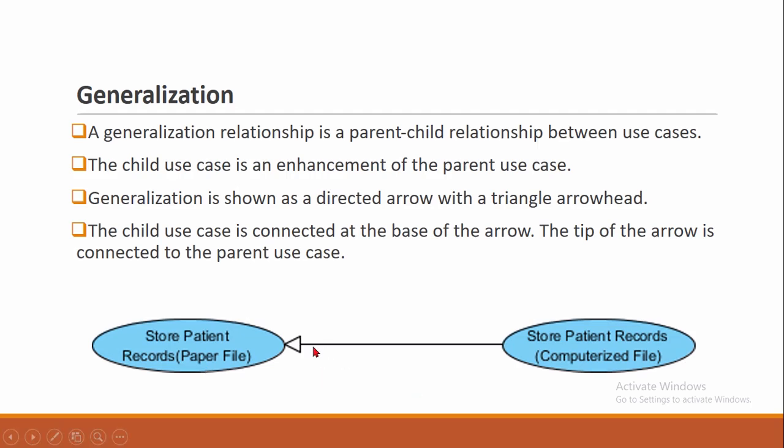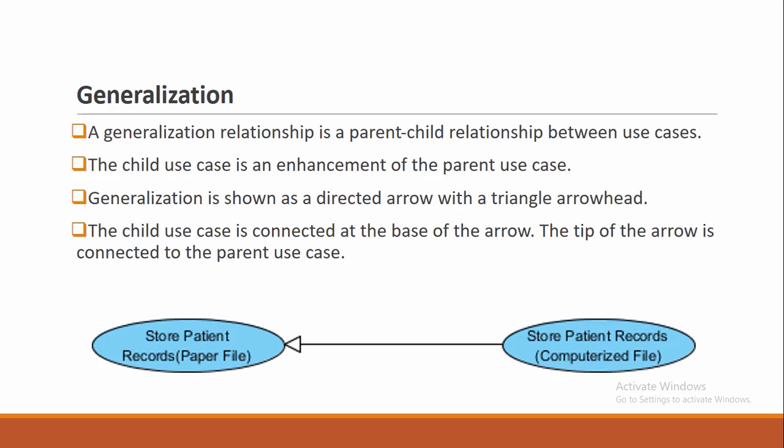For generalization, we don't have a dotted arrow, we have a directed arrow with a triangle arrowhead. For example, payment. Payment is the parent behavior, and your payment may be a credit card payment or a UPI payment.